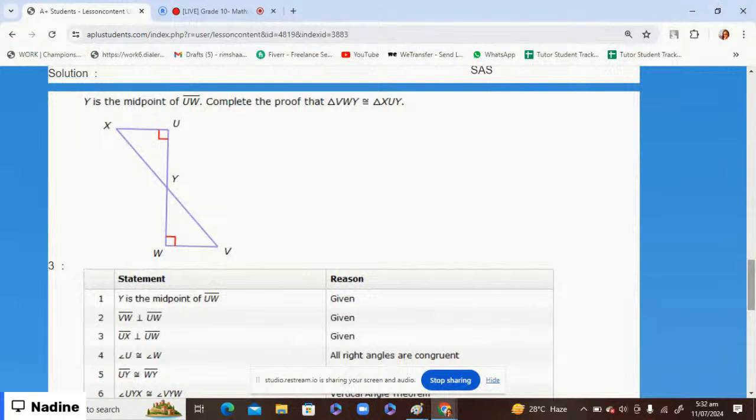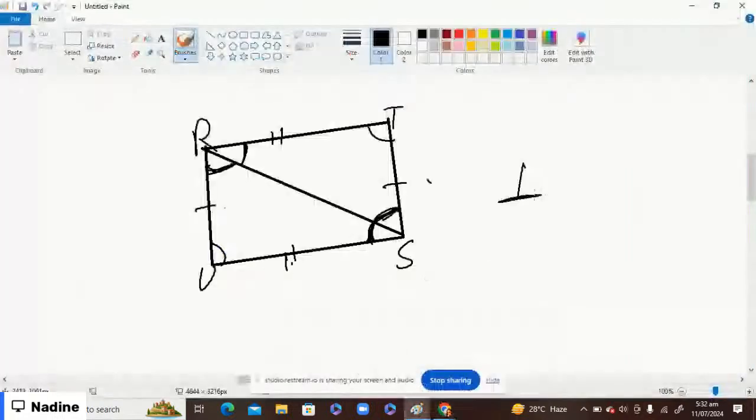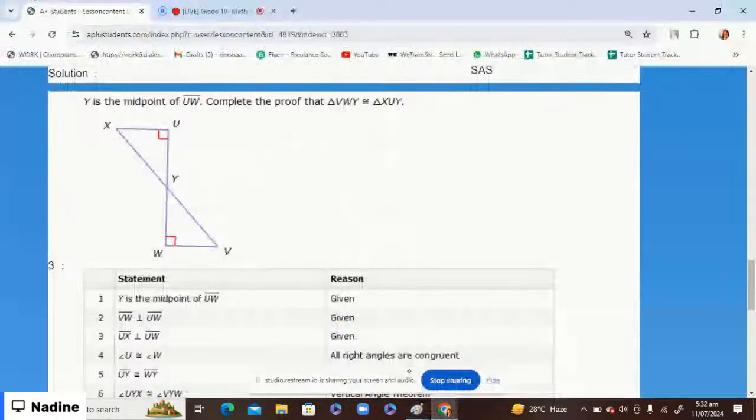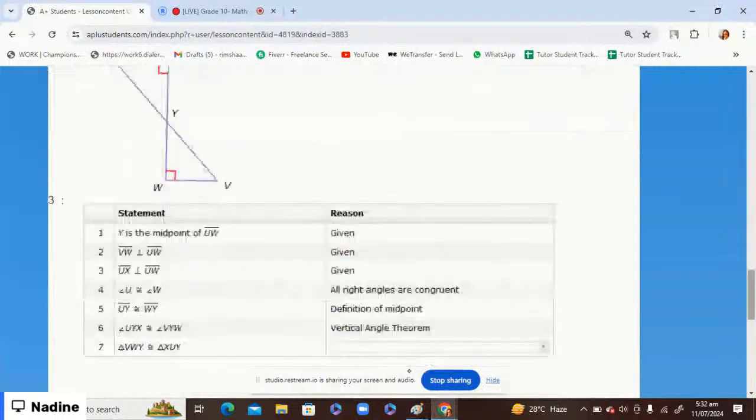And we also see one thing: this sign shows the perpendicular. What does this sign show? This sign shows the perpendicular. So they are saying that V and W is perpendicular to U and W. Got it? If this line is perpendicular, this makes an angle of 90.